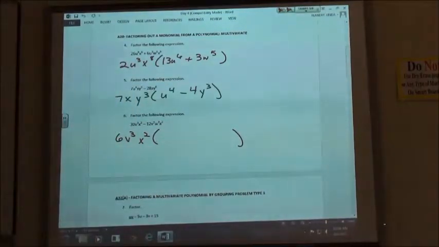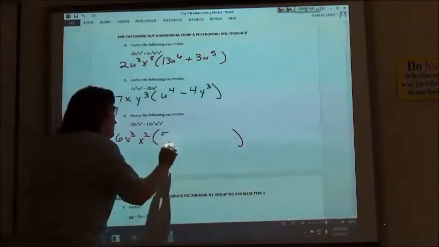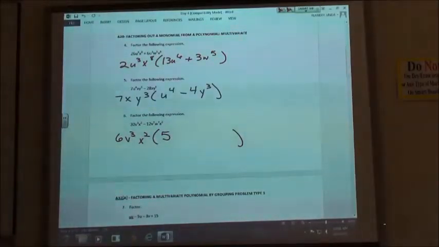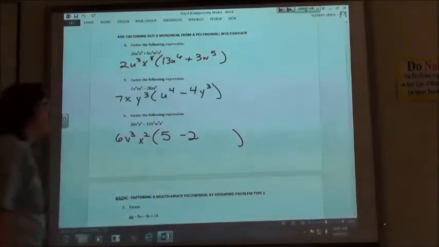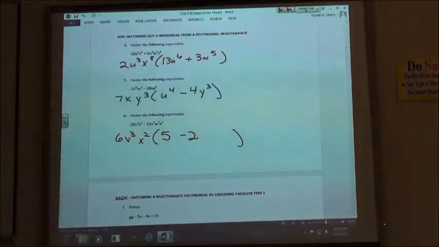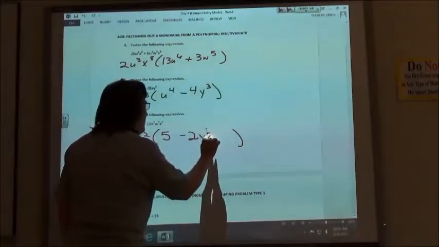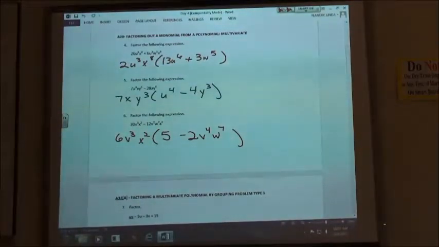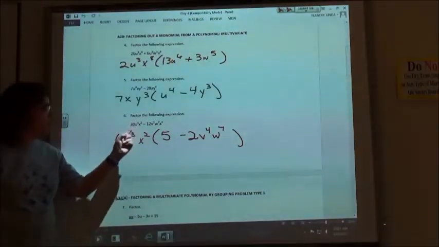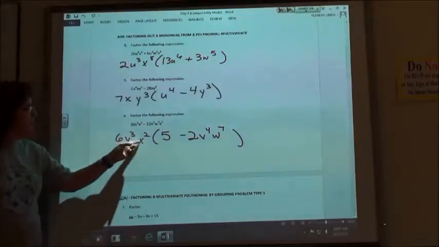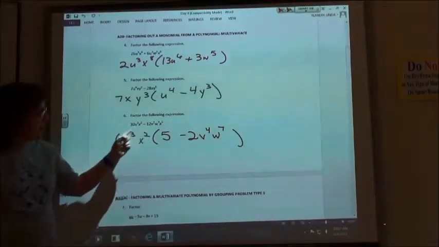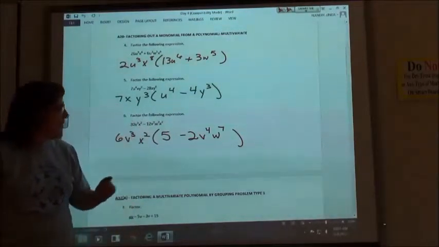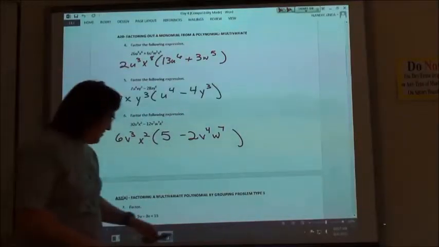So I'm left with 5 for my first term, minus 2b to the 4th and w to the 7th. So again, we subtracted the exponents, didn't leave us any variables here. Here we had 4 left. That guy didn't take any of them out, and the x squared is gone.